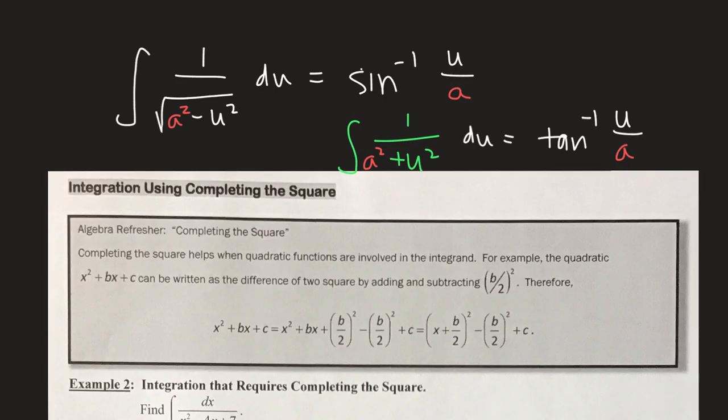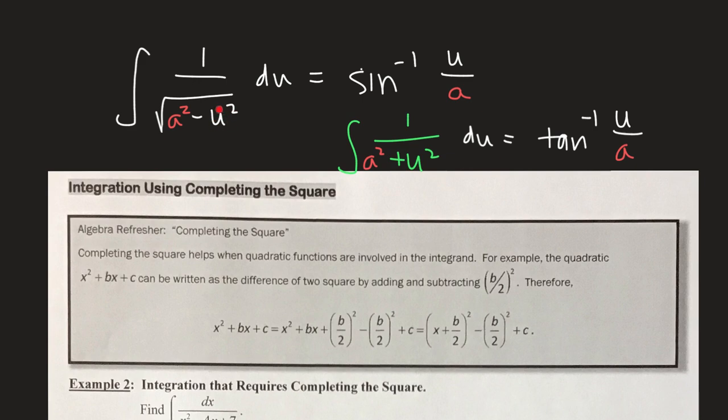So these are the most commonly used antiderivatives for arctrigs, right? So arcsine or inverse sine and arctan are the ones used most often. So we're going to want to try and make our denominator look like one of these things. Okay, that's what we want it to look like. We want to have a u squared.